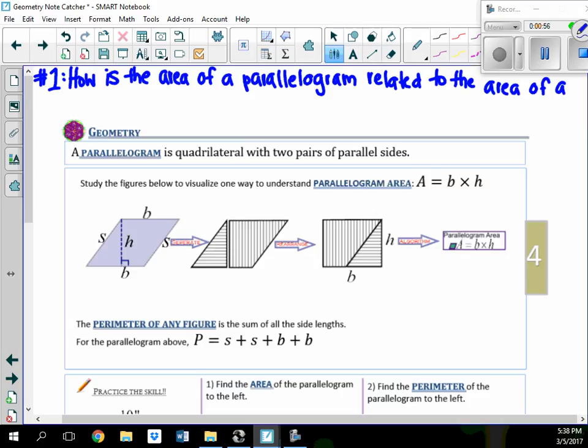If you haven't already written this down, please do so now. All right. How is the area of a parallelogram related to the area of a rectangle?